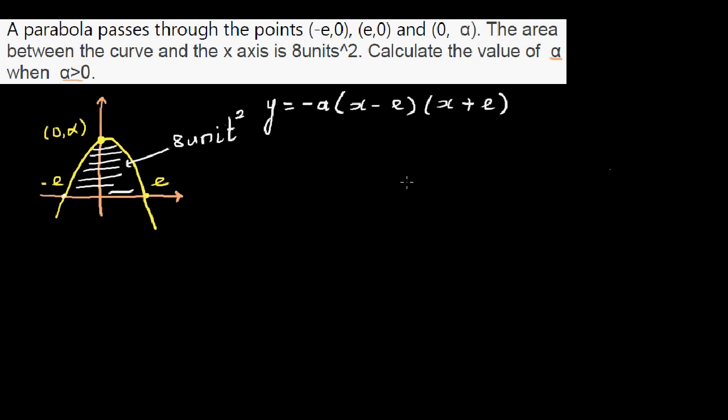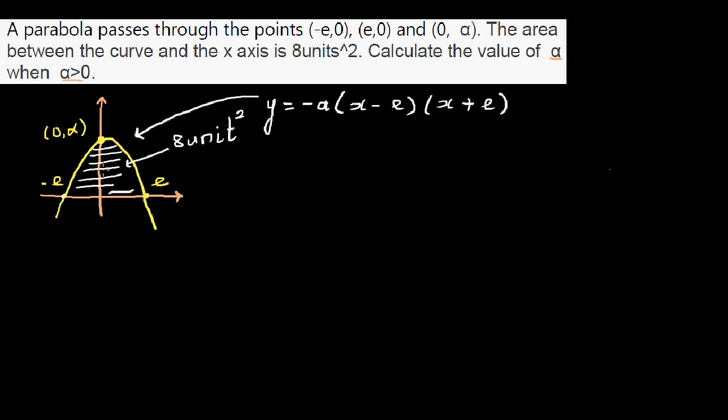The x-intercepts are negative e and plus e, and this minus a is because it's upside down. So first we need to figure out a, and from a we can figure out alpha. This is the equation of the parabola.